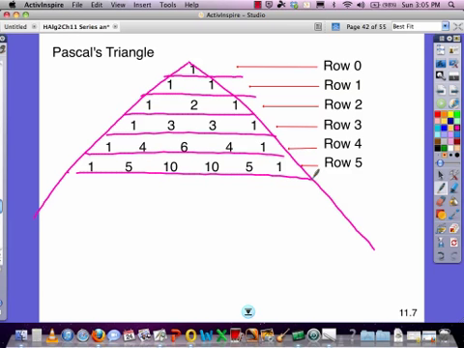So my hypothesis is that each row has one more term than its row number. So row 0 had one thing in it. Row 1 had 2 things in it, one more than the row number. The hard part is you got to remember to start counting at 0, row 0.